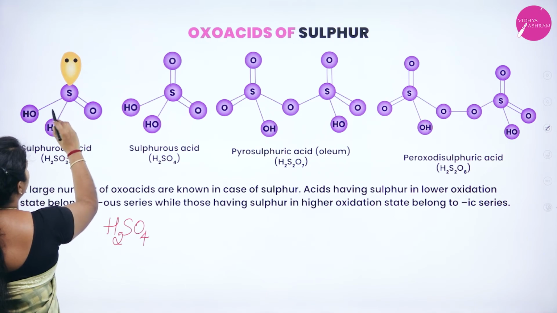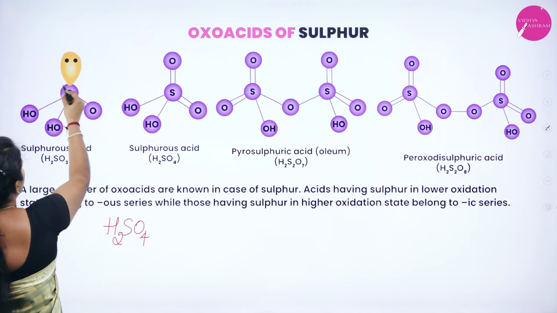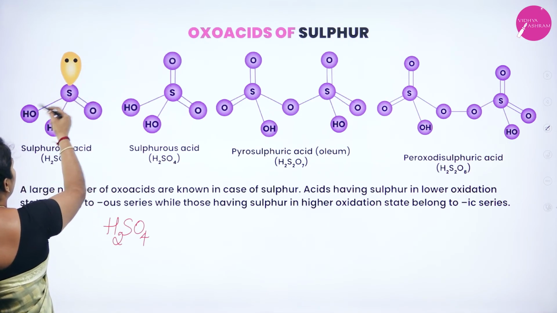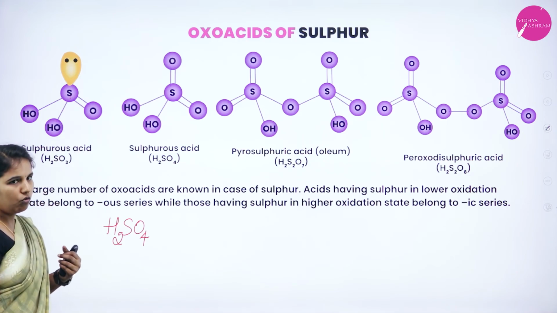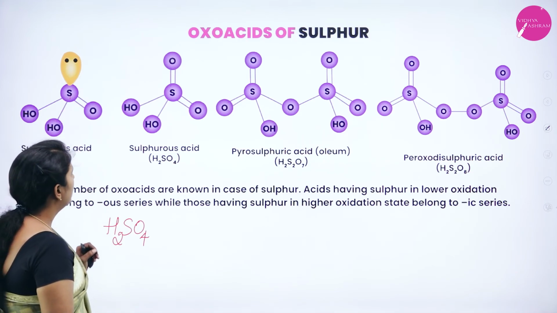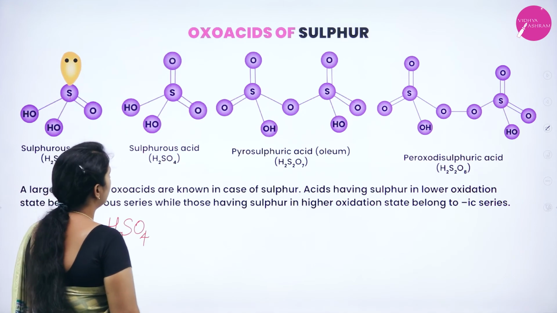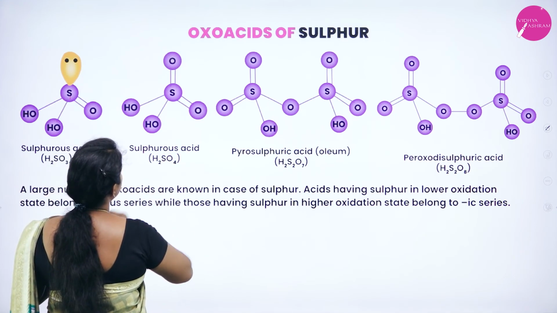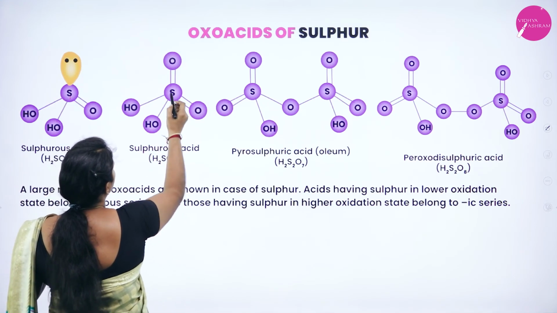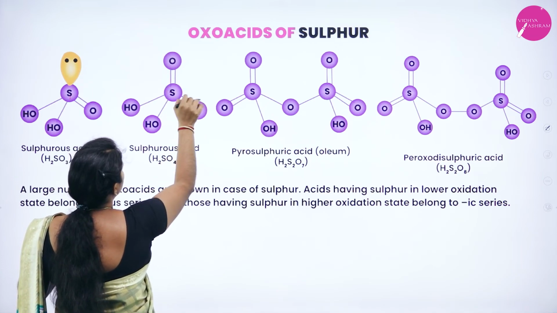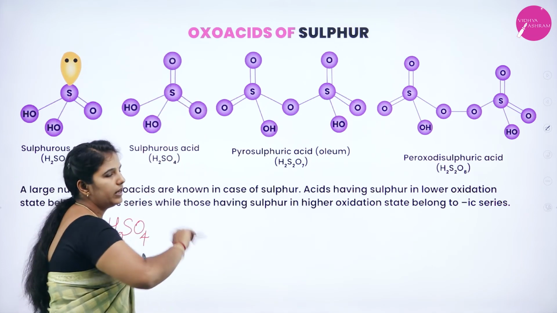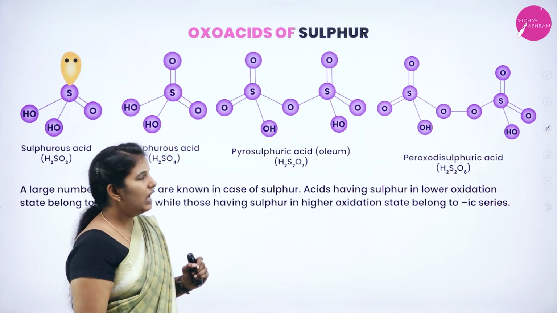Between the sulfur and oxygen atom we have a double bond, and we have a lone pair of electrons and two OH groups. And coming to another sulphur oxoacid, in this form you can see that the sulfur has two double bonds with two oxygen atoms and thereby it forms a single bond with the OH.